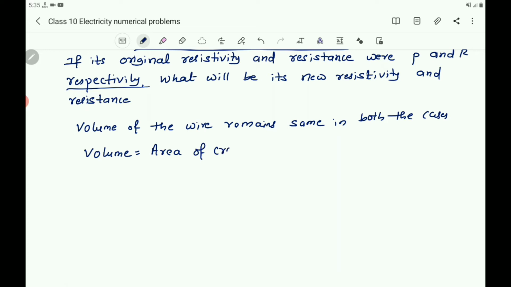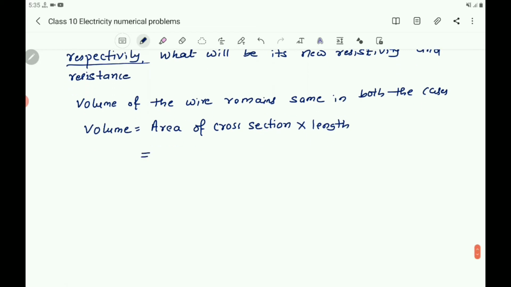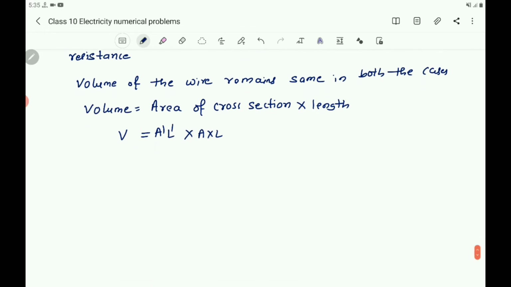Here we have taken the second area and second length as A dash and L dash, and original area and original length as A and L. So here you can say that both are equal.